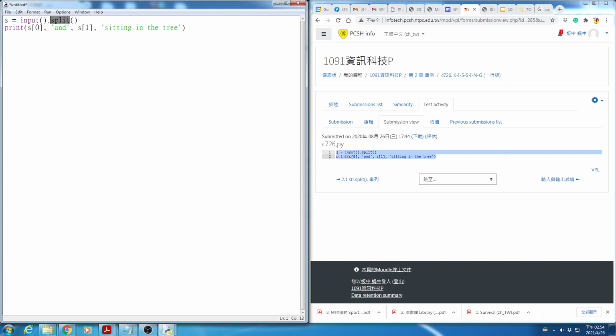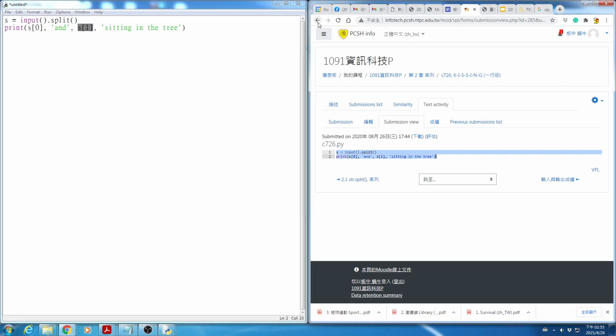And then we have S0 for the first name and S1 for the second name, and put them in the corresponding positions in the lyrics. This is our answer, right?